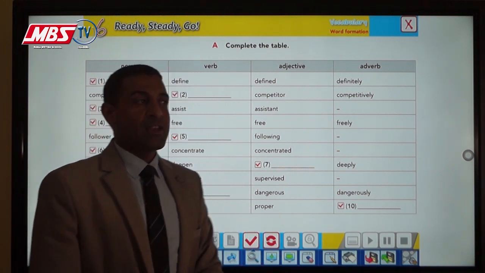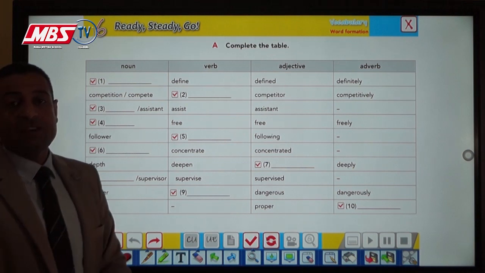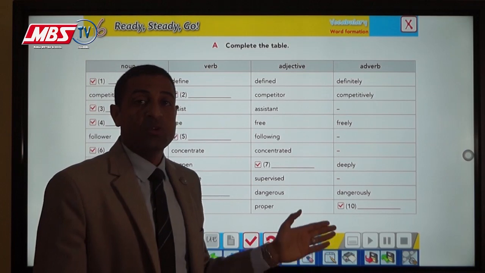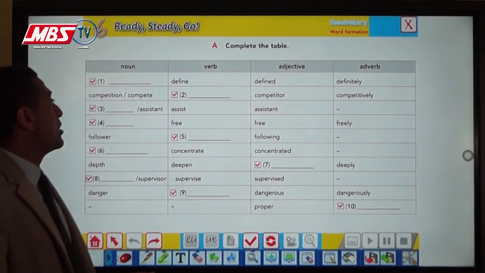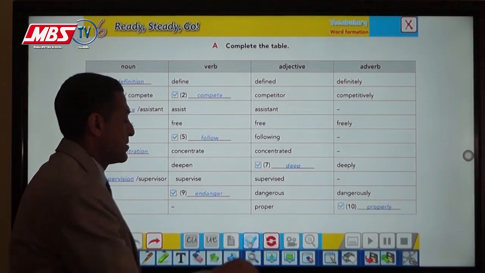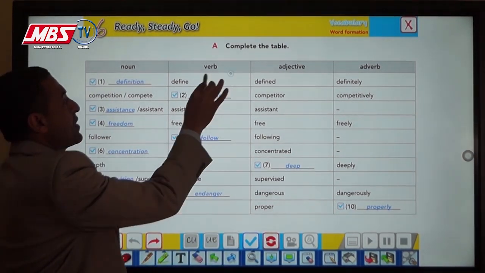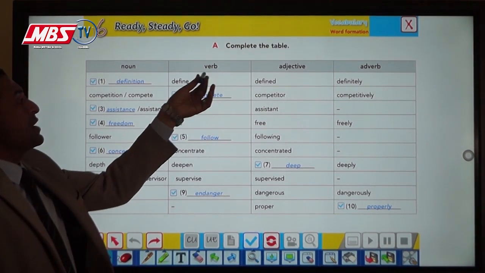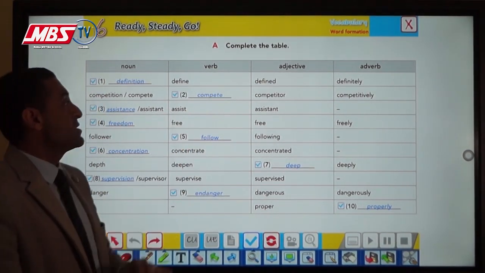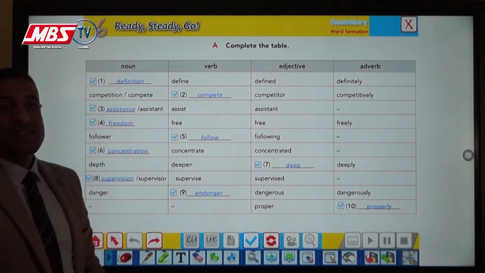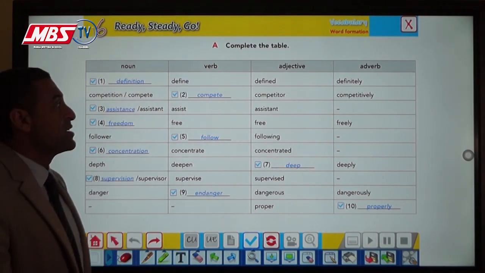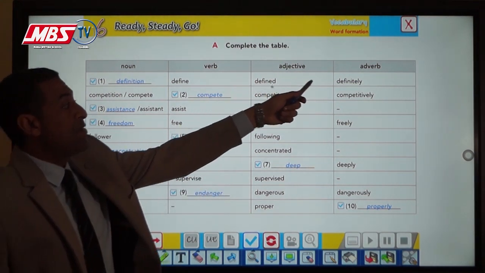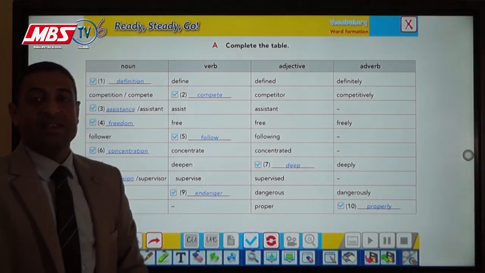Okay? Now let's check some of the words that you have studied and how we can change their forms. First, if I have the word define, define is a verb, and the noun is definition, and the adjective is defined, and the adverb is definitely.